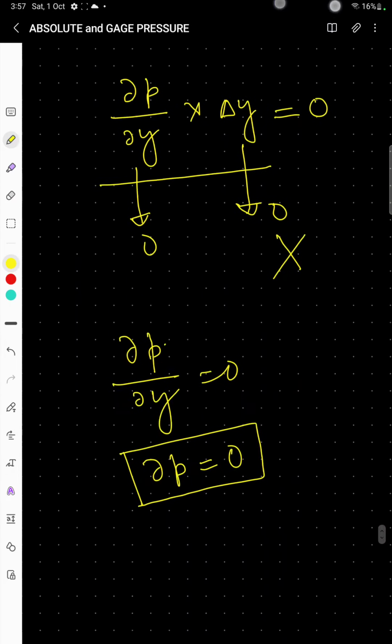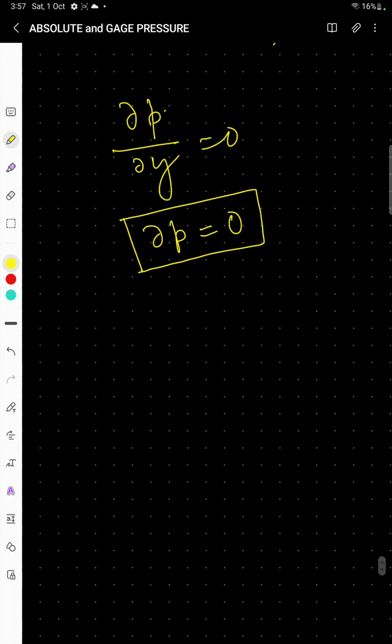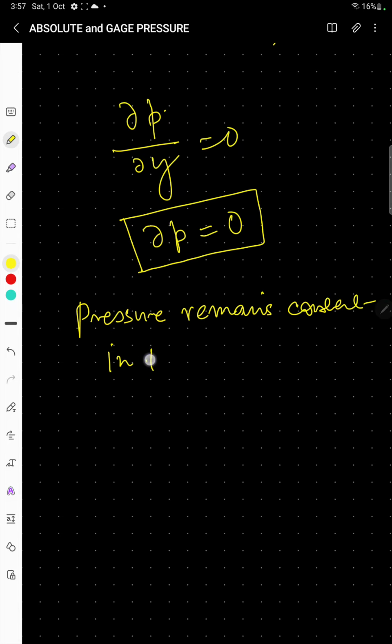So what we can write here as a conclusion is that it will be good to note that pressure remains constant in the horizontal plane.